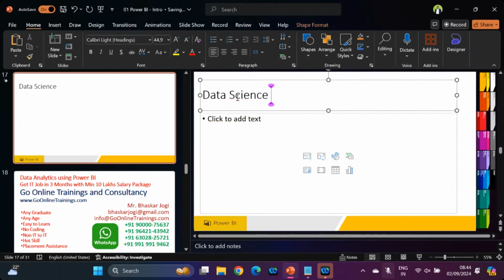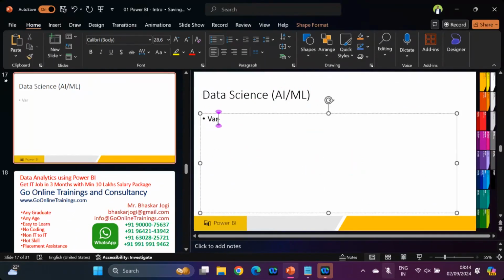Data science is called AI and ML today. So what are the different roles we have? Various names are being used.